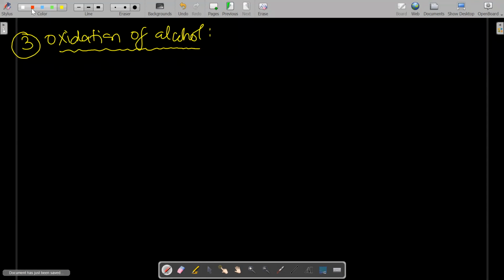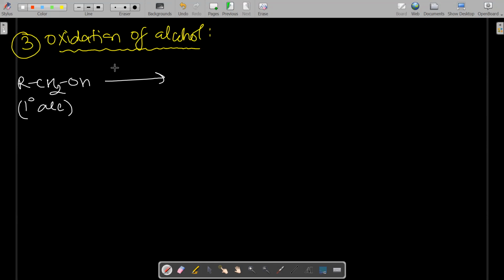Oxidation of alcohol, you can see if we take primary alcohol, this is primary alcohol. Primary alcohol can be oxidized in 2 conditions. If we take mild oxidizing agent like PCC, we get aldehyde. Okay, so there is a formation of aldehyde.